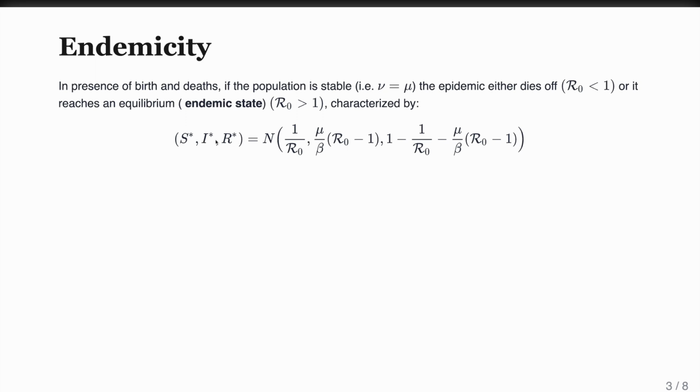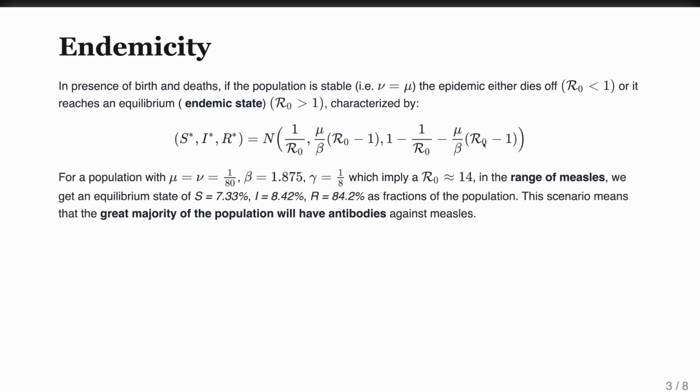The proportion of infectious individuals will be equal to mu, the mortality rate, over beta multiplied by R0 minus 1. And then the proportion of recovered individuals, which again we consider as immune, will be just the totality minus the other two factors. So 1 minus the proportion of susceptible and the proportion of infectious individuals.